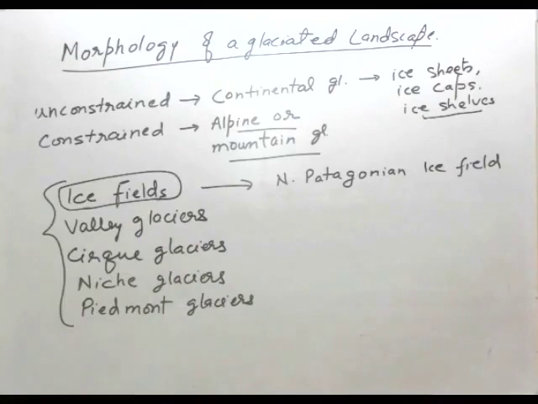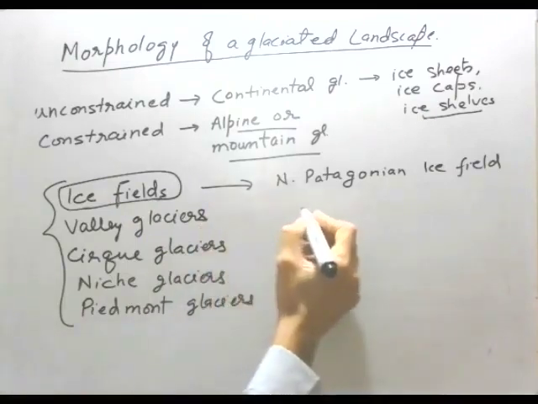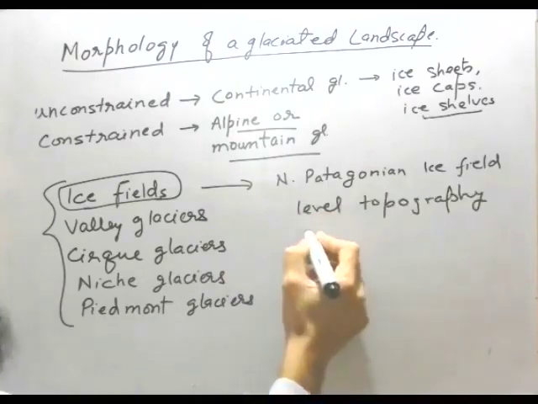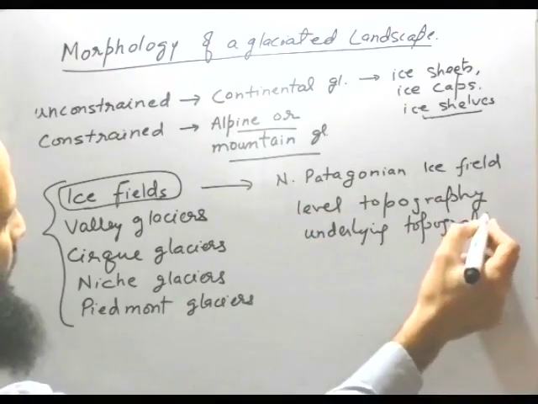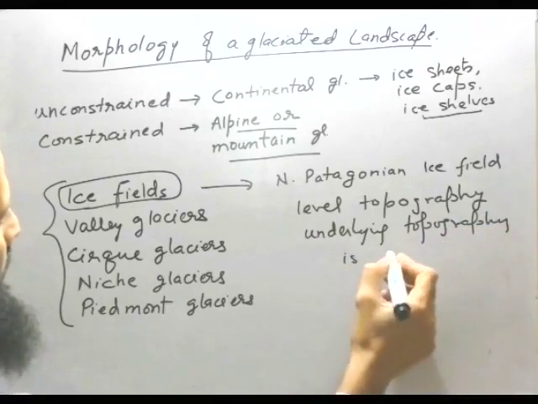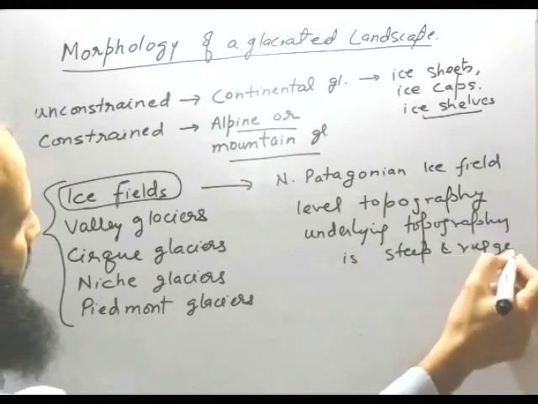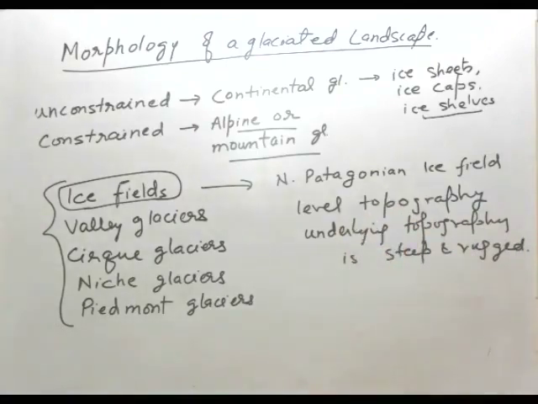Although the underlying topography is very steep, the surface topography is almost level, but the underlying terrain is steep and rugged.